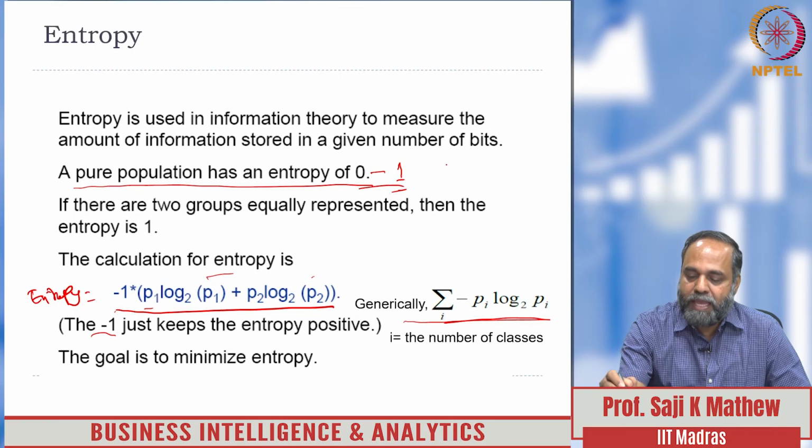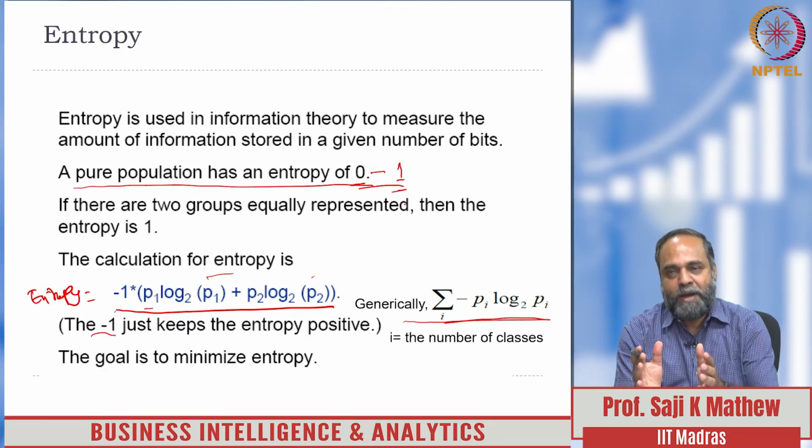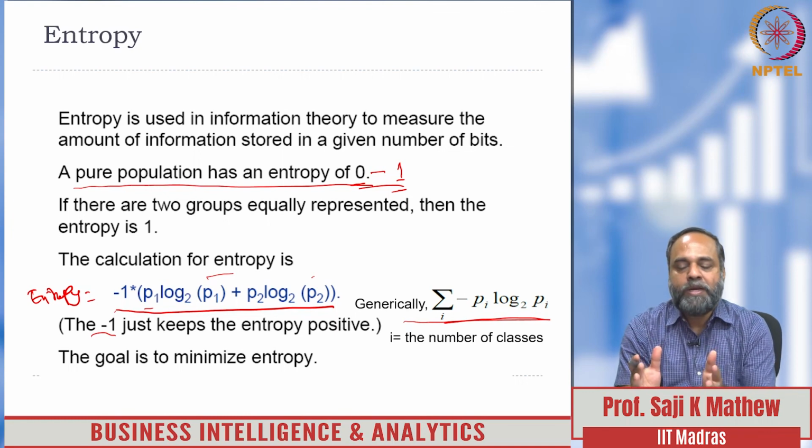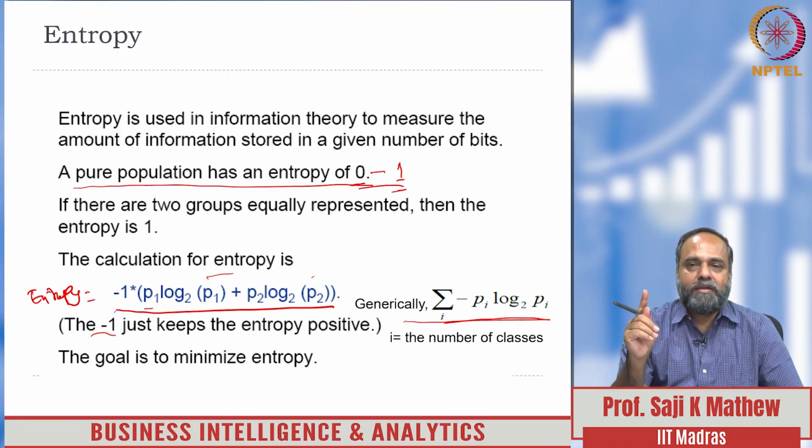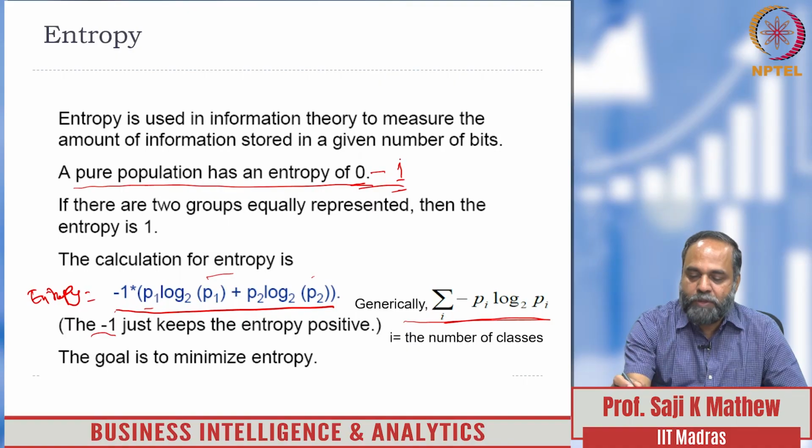When a node is completely pure, entropy will be 0. When a node is completely impure, meaning if it is a binary case, if both the classes are equally represented, then the entropy will be 1, showing that this is most impure, or most heterogeneous, an equal mix, that shows that there is no purity, and that is the case of entropy equals 1.